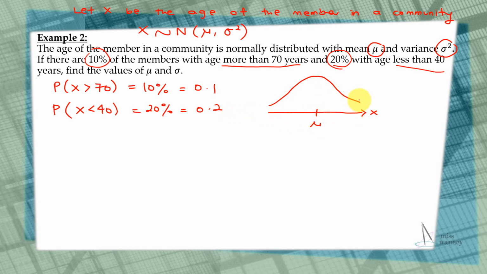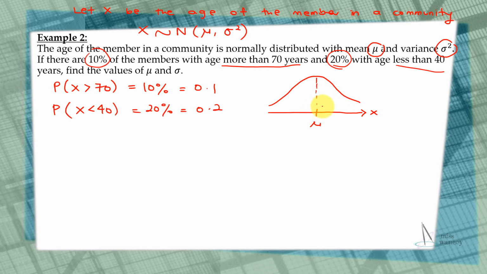Are both of them on the right hand side, or both on the left hand side, or should one be on the left and one on the right? We need to decide about that. x greater than 70 is 0.1, so you have to remember the properties. If this is the mean, the left hand side is 50% and the right hand side is also 50%.